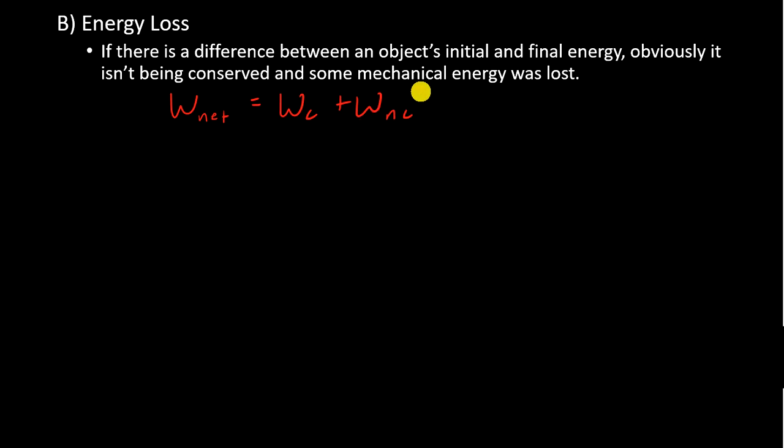Well, let's say that's not true. Let's say there are some. Well, if you remember when we do this work net by the work energy theorem, that's delta K. The only work being done by a conservative force that we've looked at so far is the work done by gravity, so that's U sub G, plus some work done by a non-conservative force.